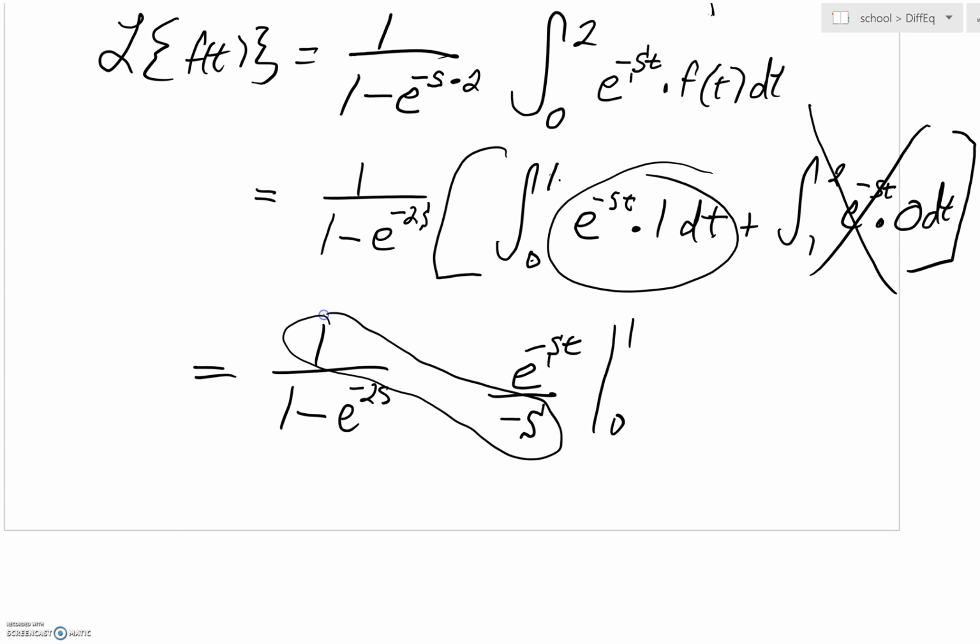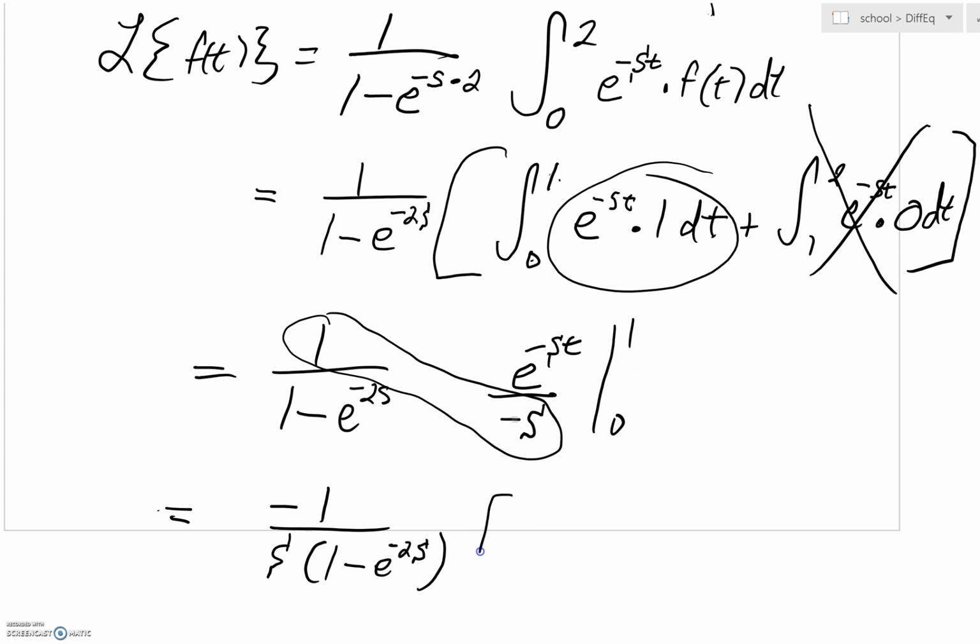Immediately you can see you've got a 1 and a negative s down here, 1 all over negative s. You could quickly combine that together. You can pull out that negative 1 over s, and then here we have our 1 minus e to the negative 2s. See, I'm putting little edges on my s's so I don't mistake them for 5s.